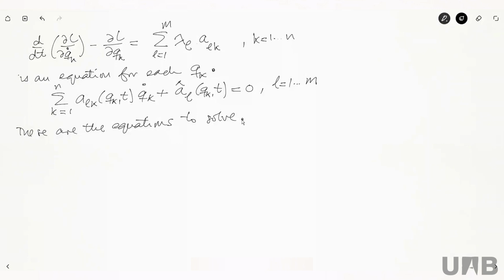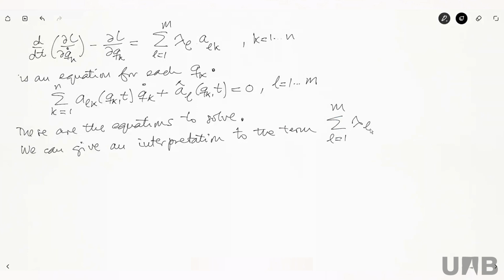Okay, now, the last thing that I want to say today is that, written in this form, we can give an interpretation to the term sum from l equals 1 up to M of lambda_l a_lk, the term that comes from the Lagrange multipliers.